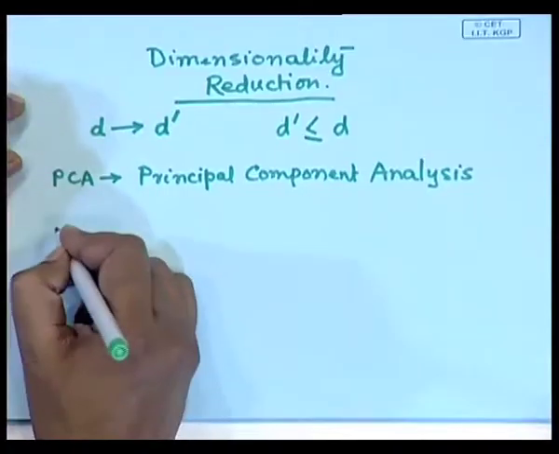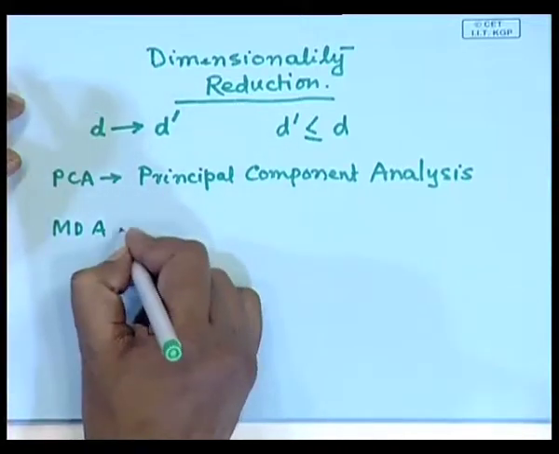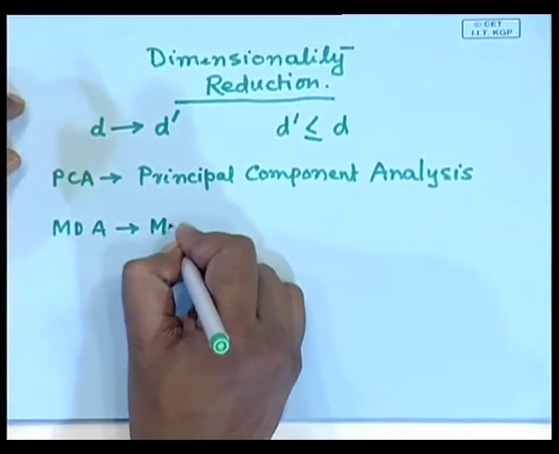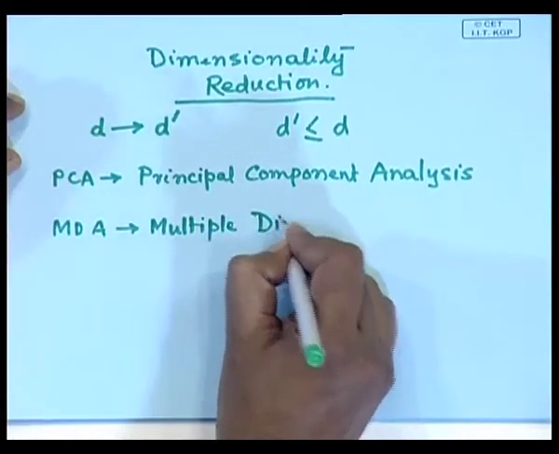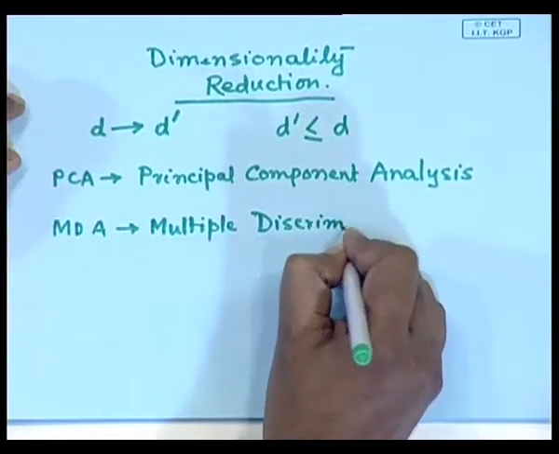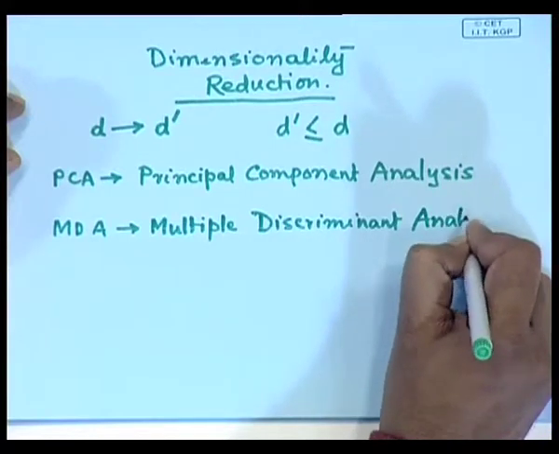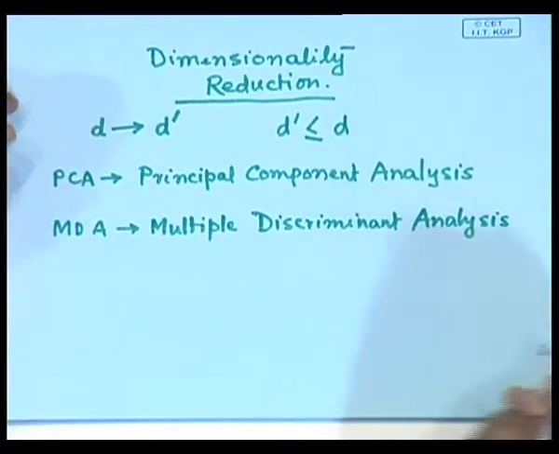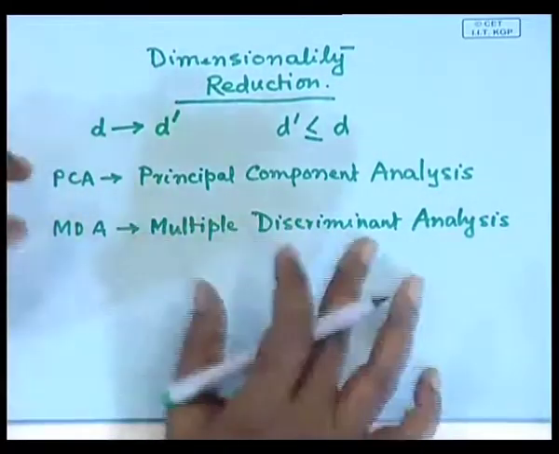And the other approach is called MDA, that is multiple discriminant analysis. The aim of multiple discriminant analysis is, after all, why we are trying to manipulate all these feature vectors: because we want to separate among the feature vectors which belong to different classes.